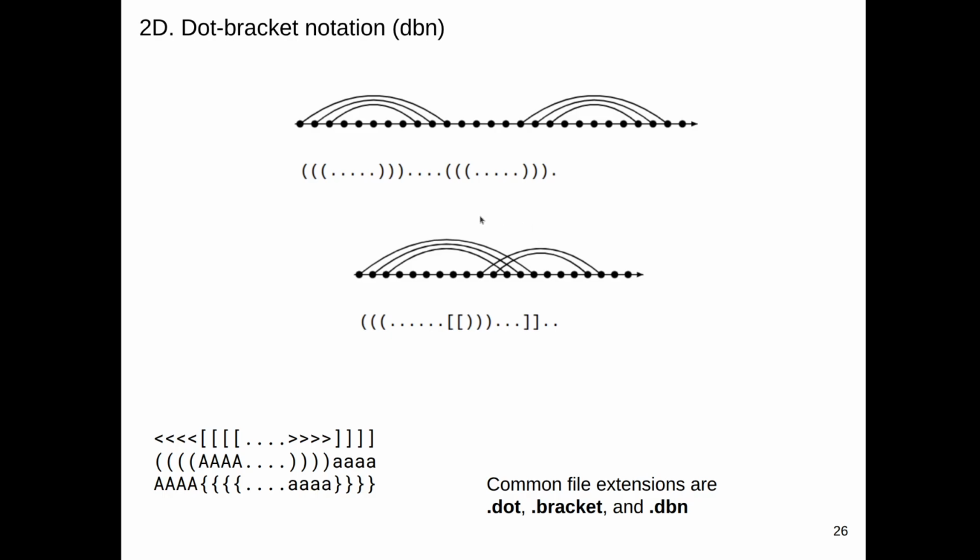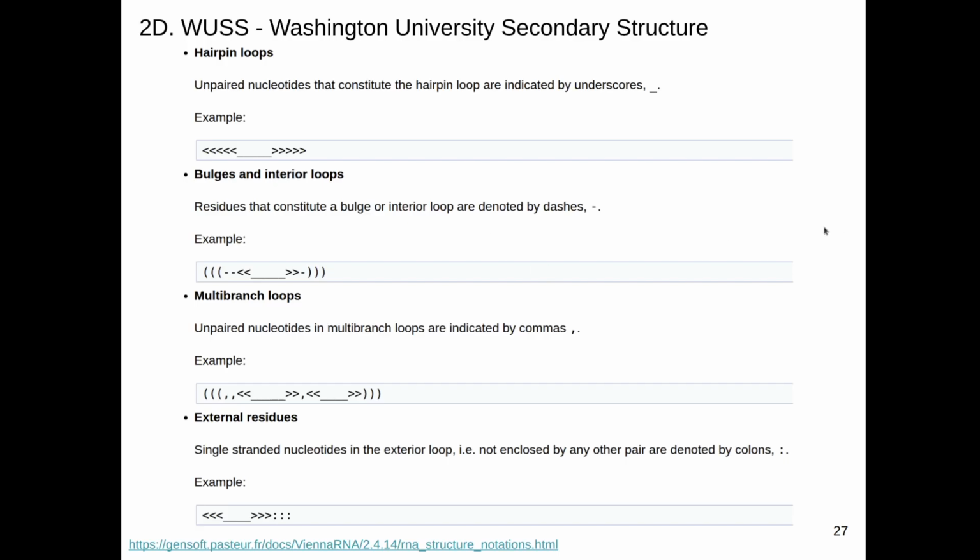It's also acceptable. And then there is this fancy dot bracket notation, which is called WUSS, Washington University Secondary Structure. It's applicable only for non-pseudoknotted structures. Here, different types of brackets and unpaired positions correspond to different types of loops. For hairpins, we have angular brackets and underscore signs.